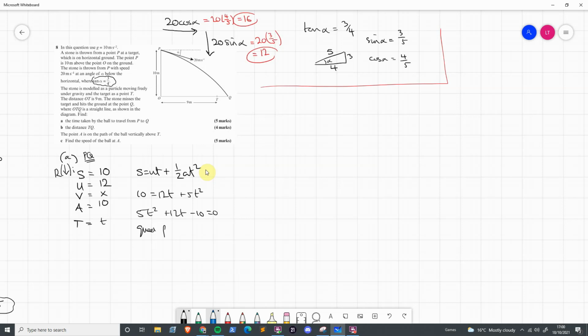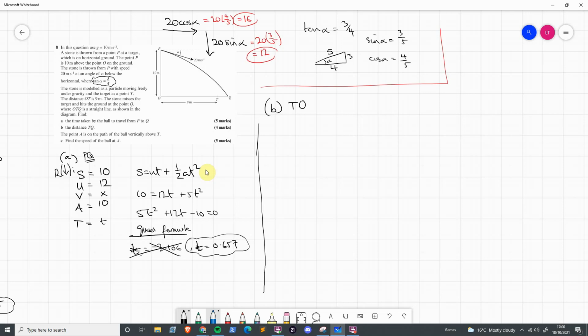So t equals, I think I got minus 3.106 and 0.657. But obviously that's not a sensible answer, this is the sensible answer. So that is our time it takes to hit the ground. Not really worth the 5 marks there, but maybe because it's including all this tan, sine, cos alpha business.